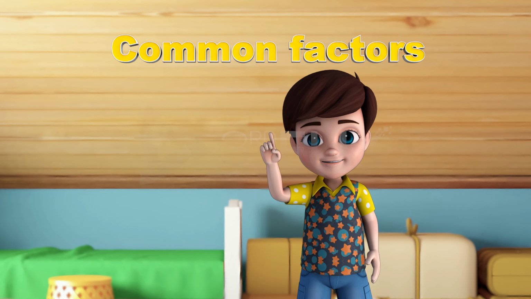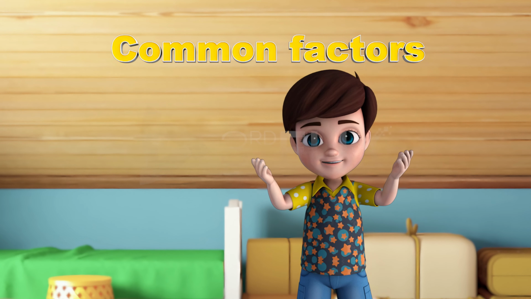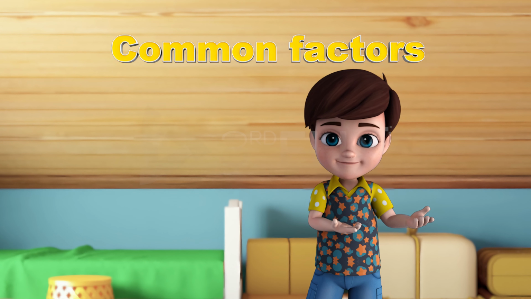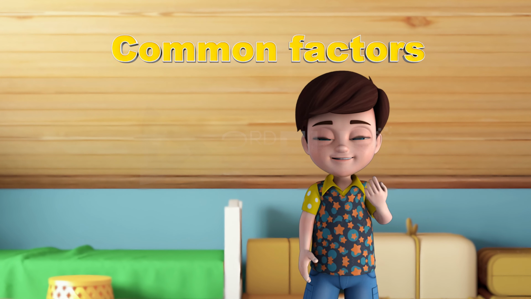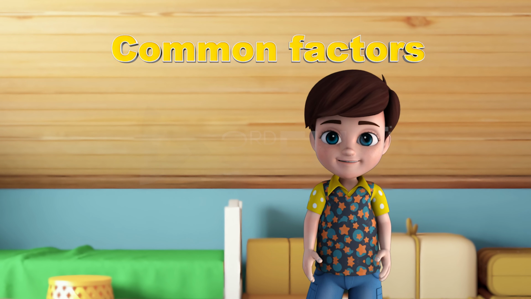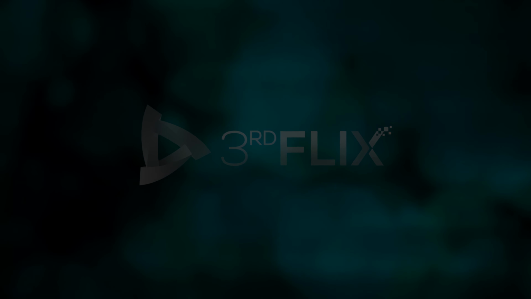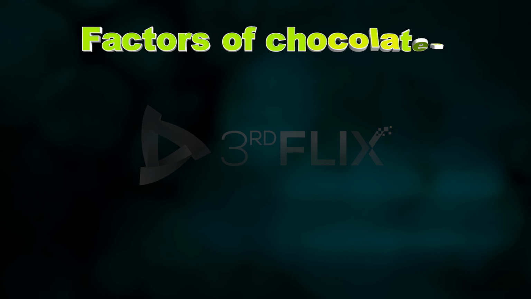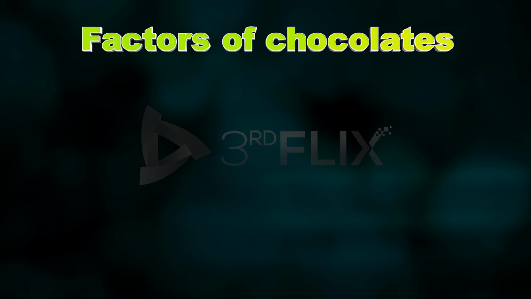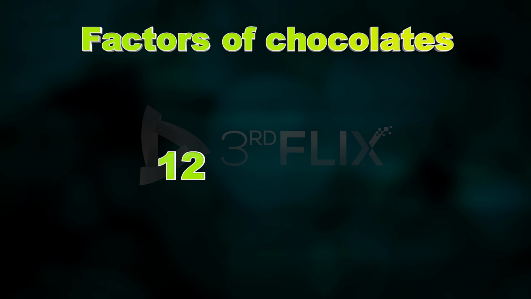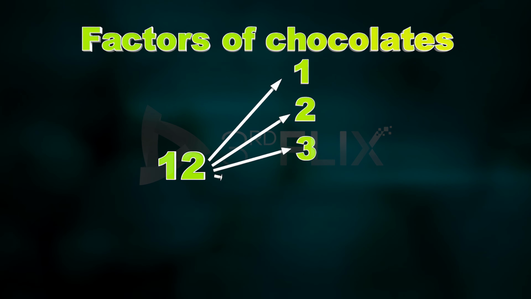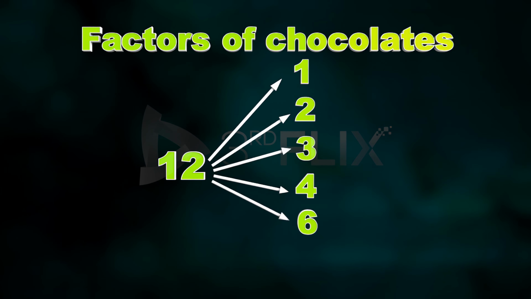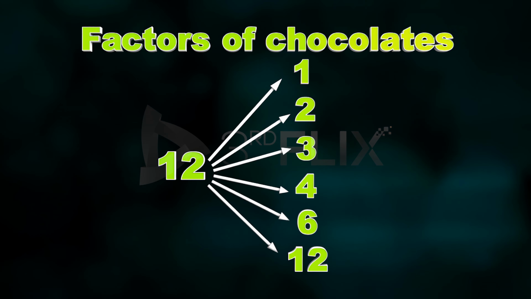Common factors: 2 or more numbers can have the same factors. Let us find the common factors of chocolates and beads. The factors of chocolates, that is 12, are 1, 2, 3, 4, 6 and 12.